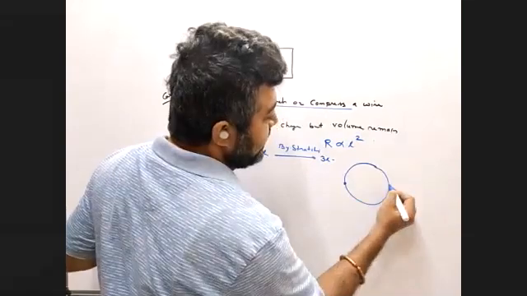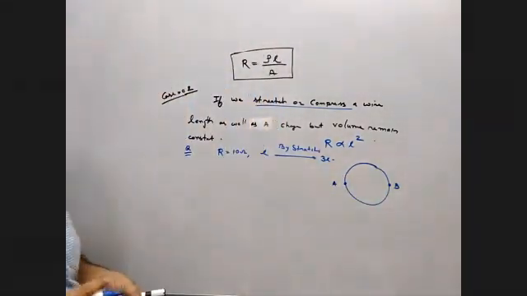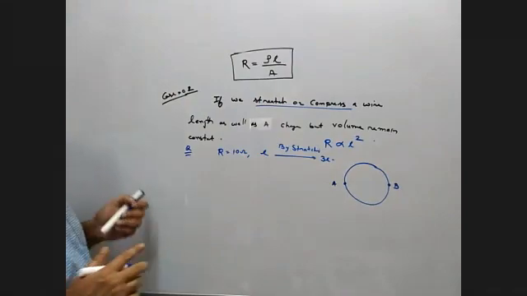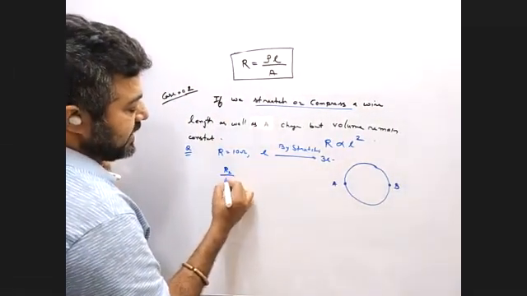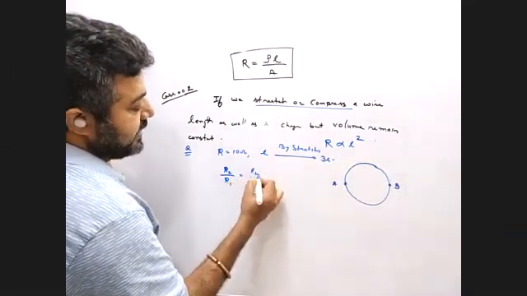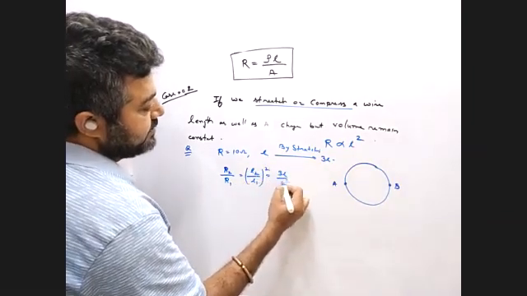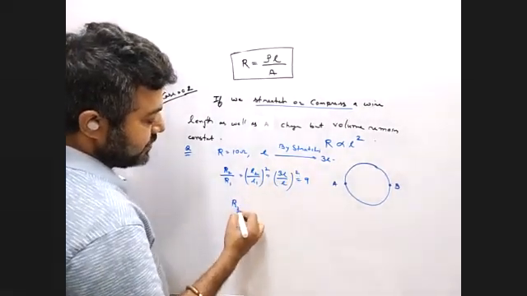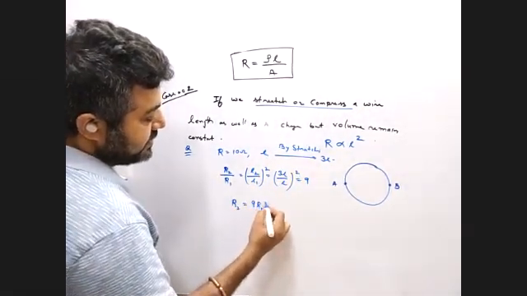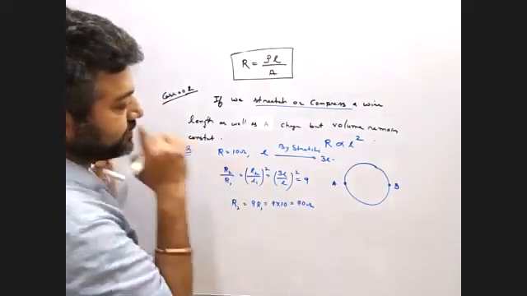Find the resistance between its diameter. This is a little bit different type of question. By stretching, we can write R2 by R1 is L2 by L1 whole square, that is 3L by L whole square, that is 9. So R2 is 9 R1, that is 9 into 10, that is 90 ohm.